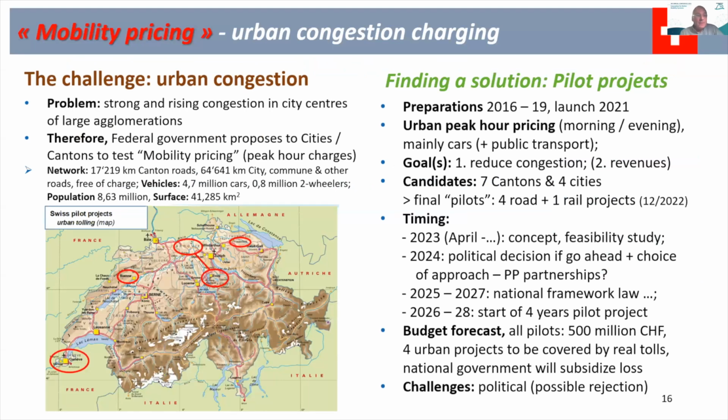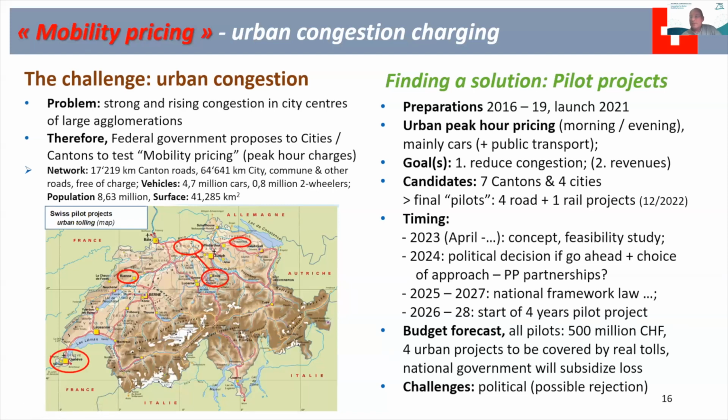And in parallel, the Swiss government said we nevertheless have the big problem in urban areas, in agglomerations, the challenge of urban congestion. There is particularly Geneva, you see on the map here, this is the western edge of Switzerland. We have the red lantern in terms of congestion in the city center. So there are other cities, but interestingly, not all the congested cities are chosen for pilot projects.